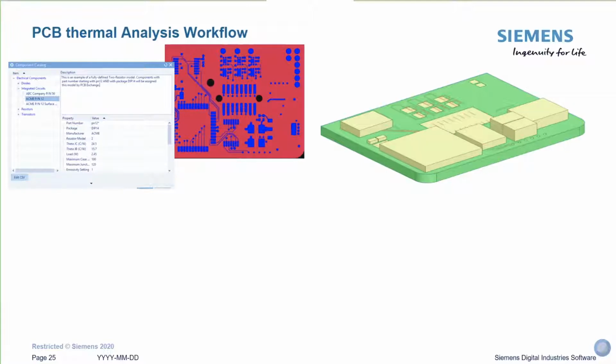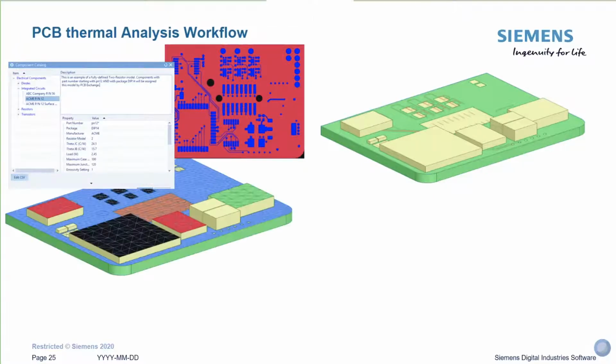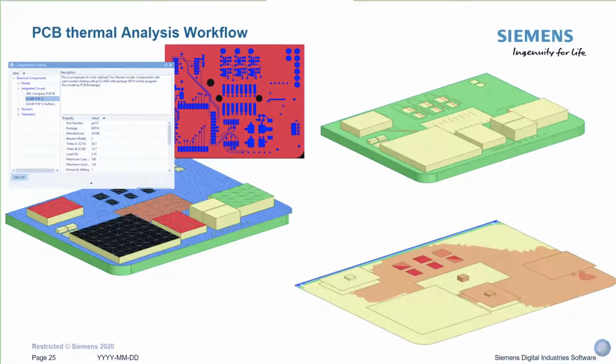We will also customize and use a custom component catalog that we've made for this board, where we have the component thermal information stored based on their package name and part number.